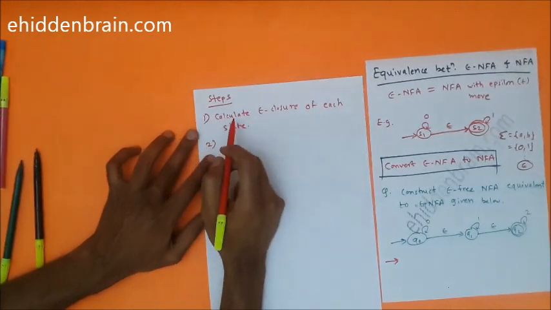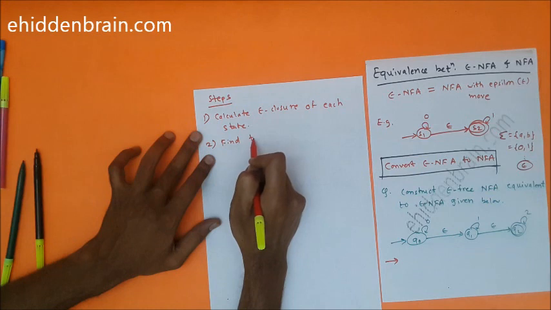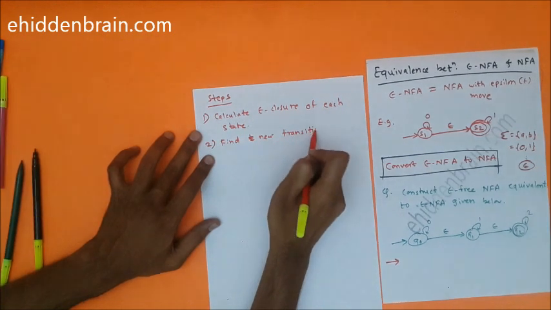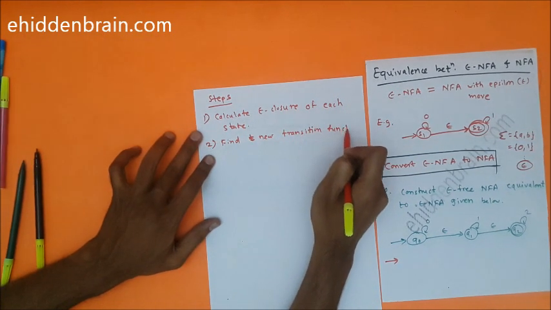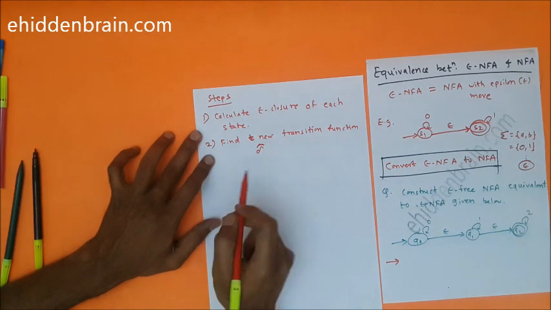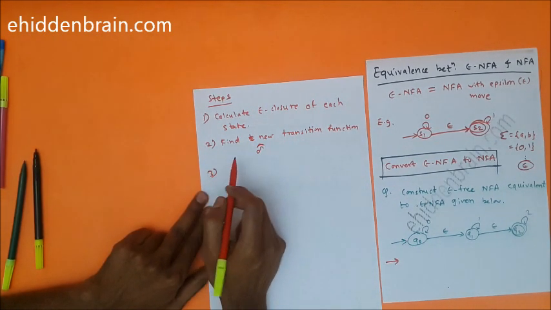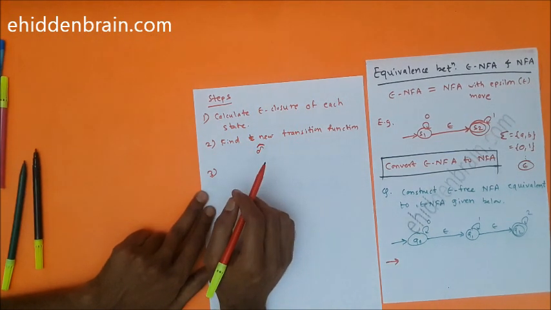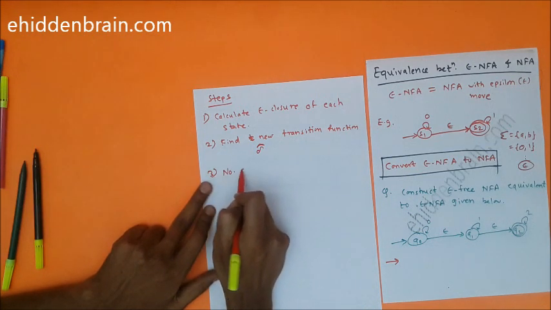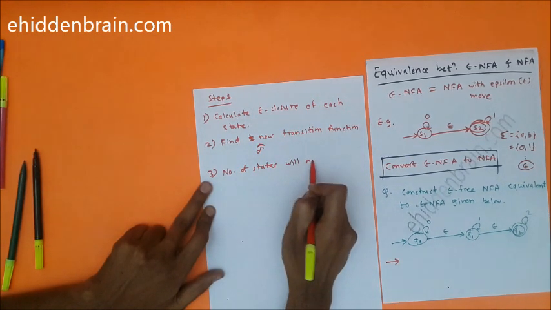Second, find the new transition function, delta dash. Now the third step is not really a step, it's a note: the number of states will not change.